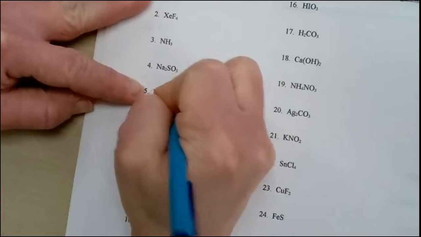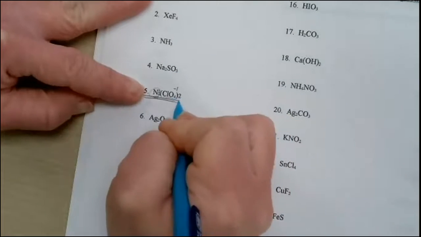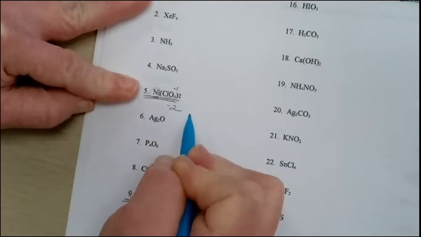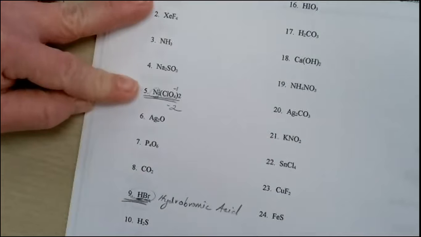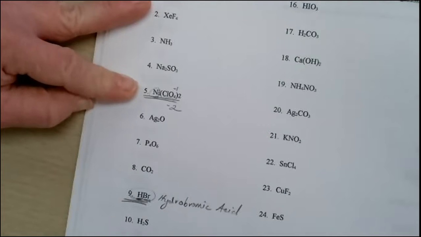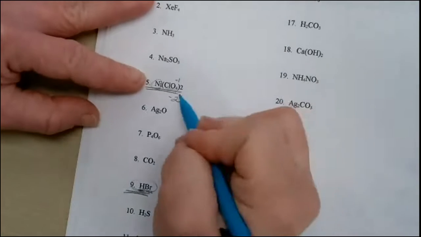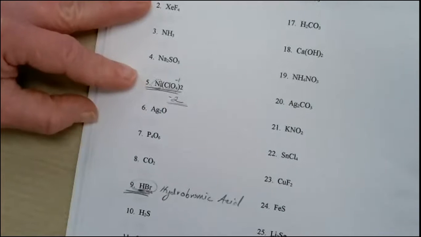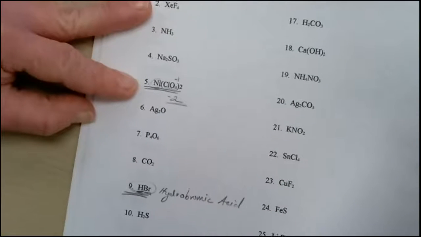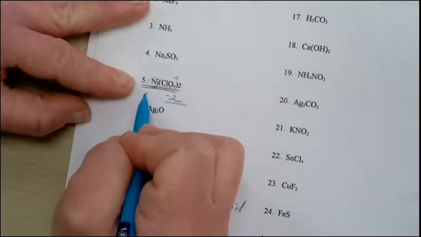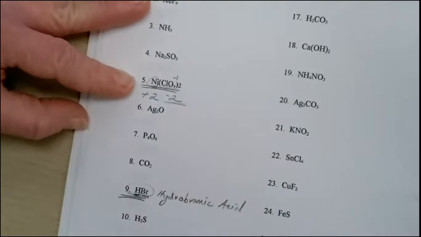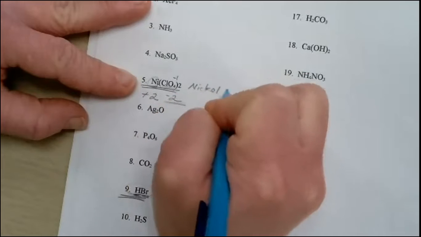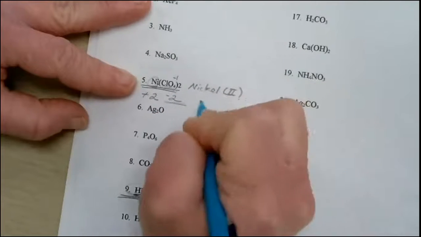Perchlorate is a -1. I have 2 of them, so collectively that delivers a -2. You don't have to do any of this work, but I encourage you if it helps you. 2 perchlorates gives a total negative charge of -2. So what will this one nickel be? Well, it must be a +2. So the name of this is nickel(II) perchlorate.